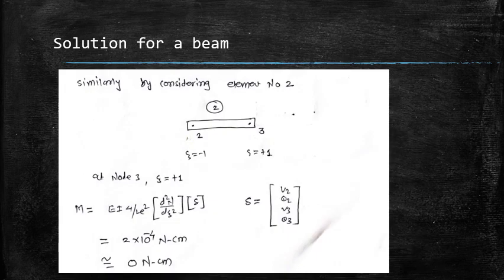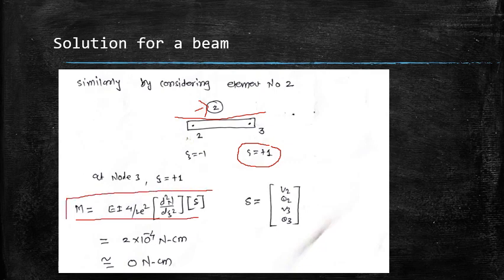In exactly the same way, we can calculate bending moment at node number 3. For analysis, I have chosen element number 2. So global node number 3 is local node number 2 for element 2. If it is local node number 2, again I have to use zeta equal to plus 1, and this expression we have seen earlier.